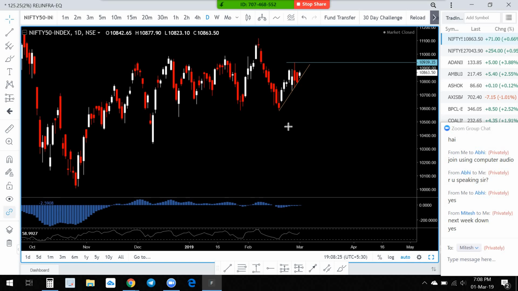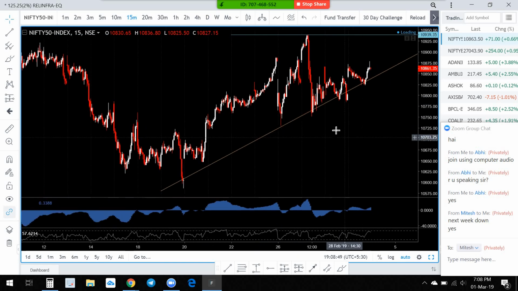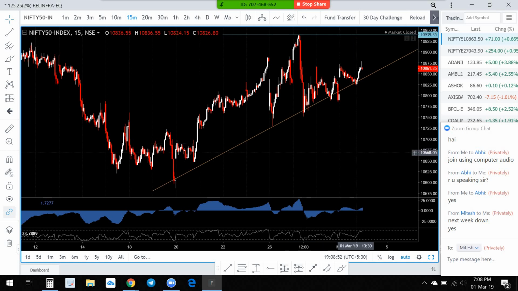So that's my direction. Now how this pattern is going to be completed: if you pay attention closely to this pattern, once it does this, it has the potential to tag this again, right? If that is what's going to happen, we are going to take advantage of that in a lower time frame. Now you can see I have already tagged it. So this is how I'm expecting this market to behave this week.